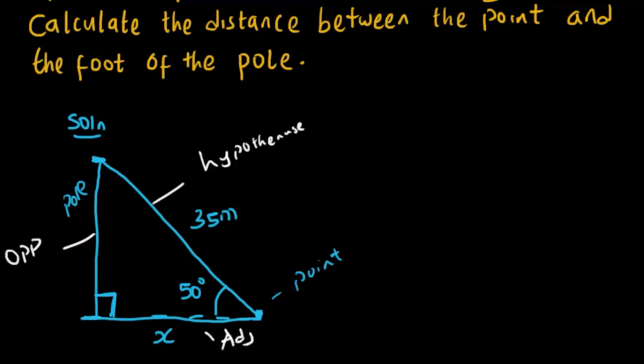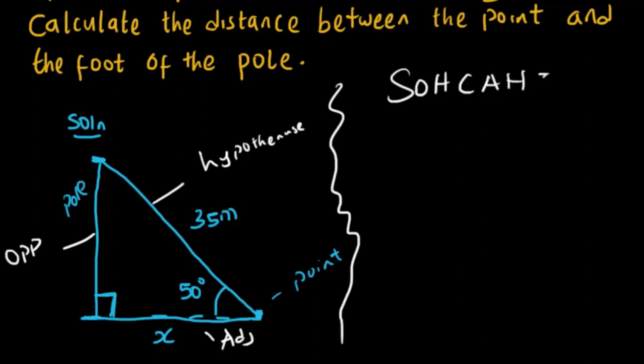I hope you can still remember. Now the next thing you want to recollect is SOHCAHTOA. In this case, we are relating the hypotenuse with the adjacent. So adjacent, hypotenuse. That means we are using CAH, which translates to cos.